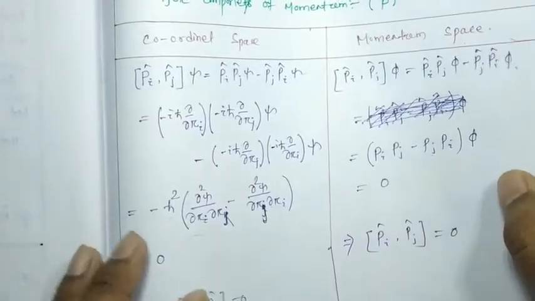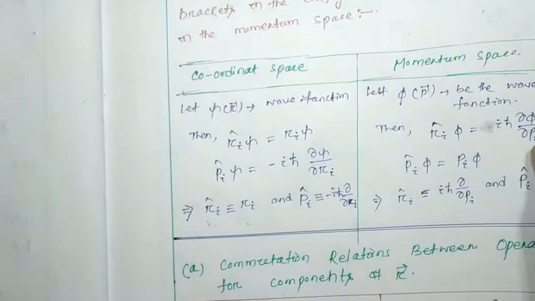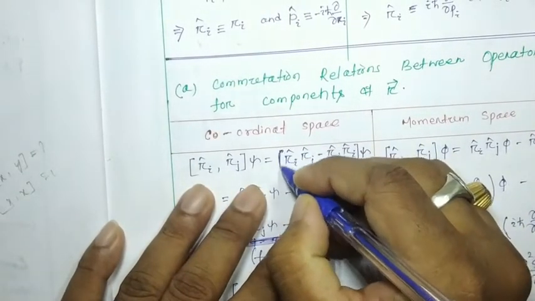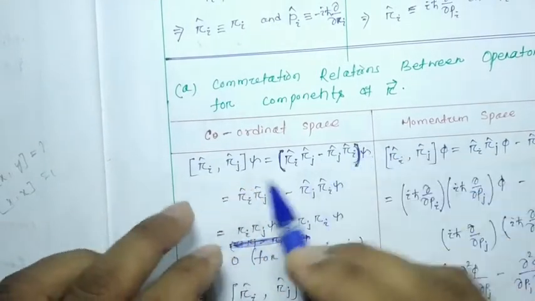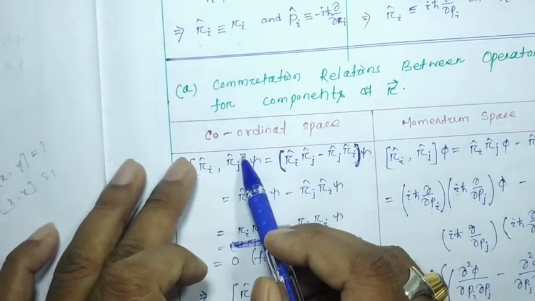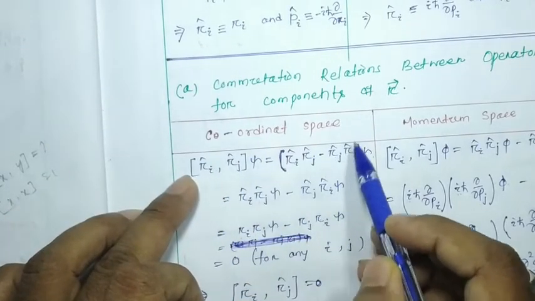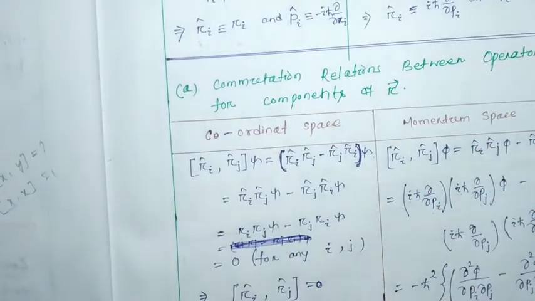I have not written the square bracket somewhere, and here also I have written the same. If we do not write the square bracket, it will be better, because after removing the bracket it will be Ri cap Rj cap minus Rj cap Ri cap. If I put the square bracket again, it may give a different meaning.